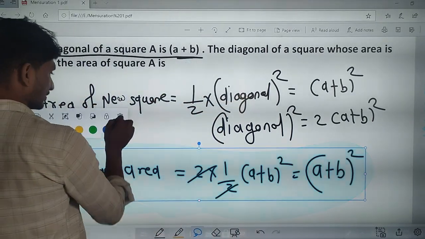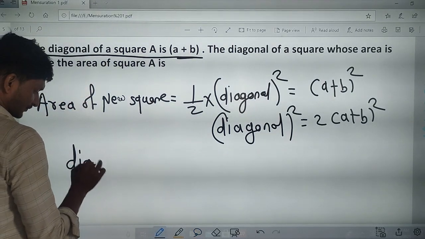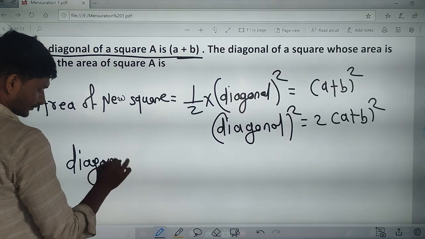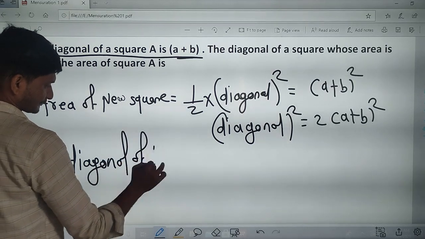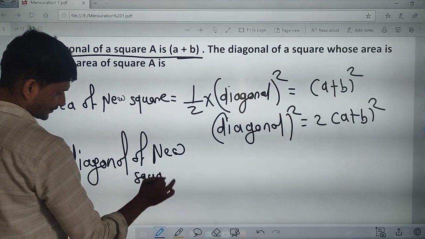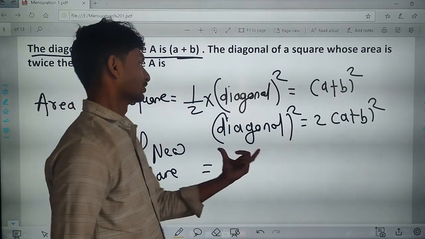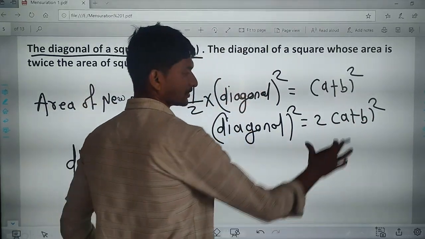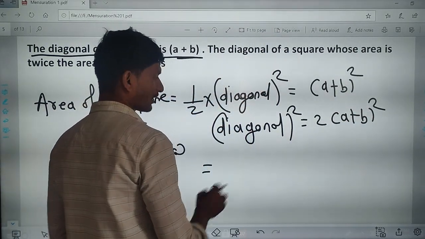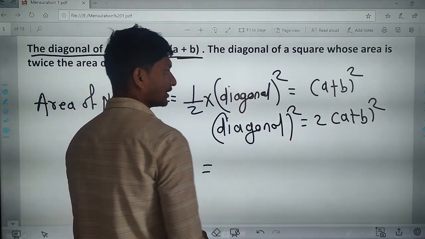Diagonal of new square is equal to square root of this. Then diagonal square is equal to 2 into (a plus b) whole square.